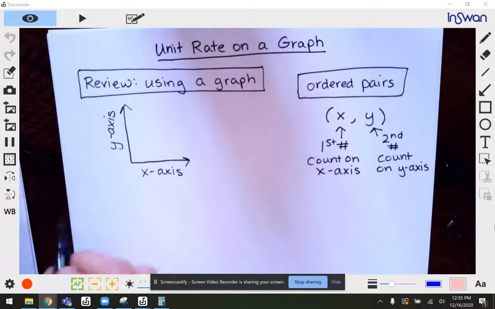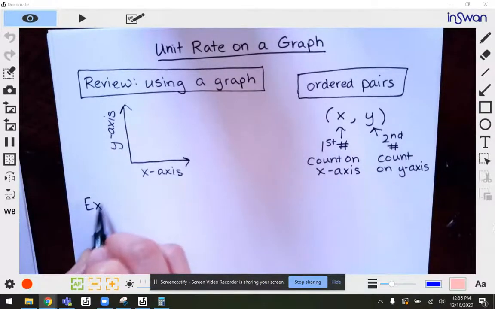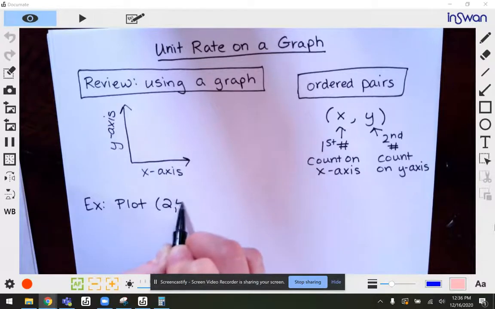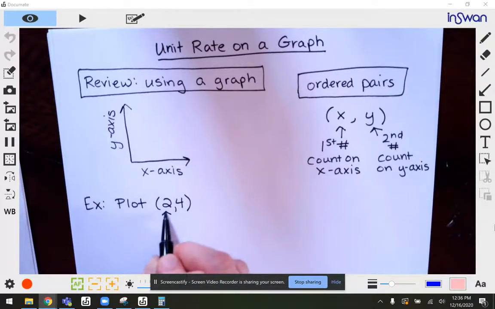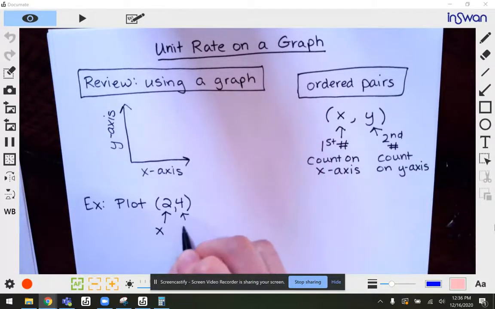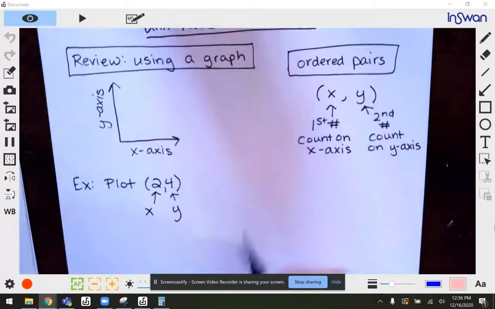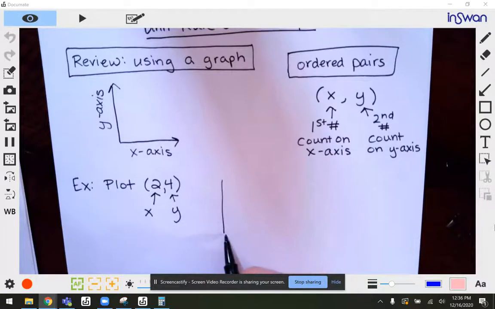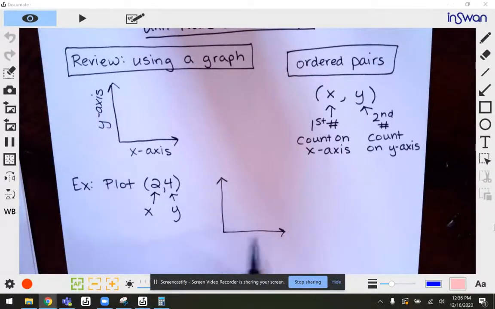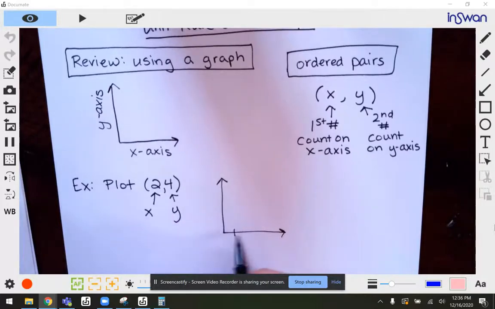So let's do an example of how to plot a point. So say that you're asked to plot the point 2, 4. This one is going to be the x. This one is going to be the y. So on your coordinate plane, remember x is in this direction, you would need to go 2 places this way.